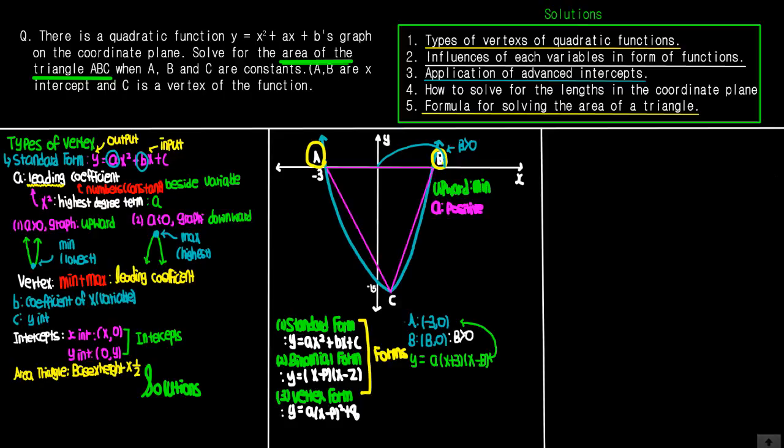Every time when we try to solve for a value, the only thing that we need is a coordinate. Let me talk about the strategy for solving for the a value. If we have a coordinate, we can simply input this back to our original function, and we're going to get the a value isolated. But now let's think about what coordinate we have. We have 15, negative 15. But negative 15 is not our coordinate.